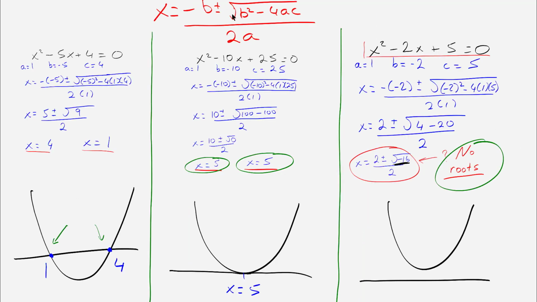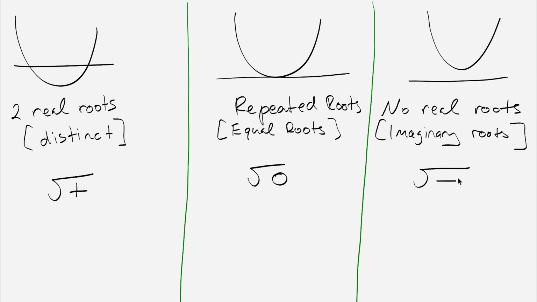Looking a bit closer, what's underneath that square root is the letters b squared minus 4ac. So it really is about what do the letters b squared minus 4ac tidy up to? Does it tidy up to a negative value, 0, or a positive value? So in other words, if b squared minus 4ac is positive, if it's greater than 0, then you're going to have 2 real roots.